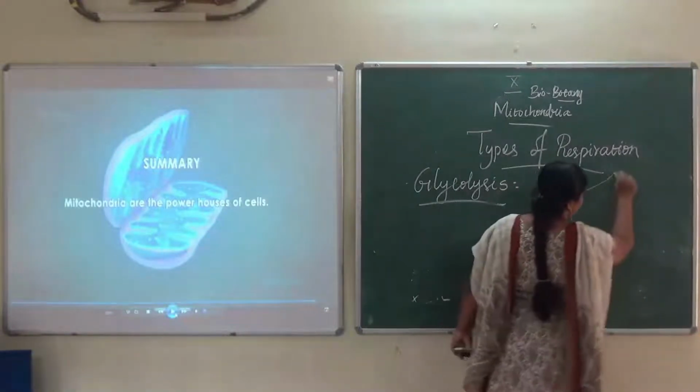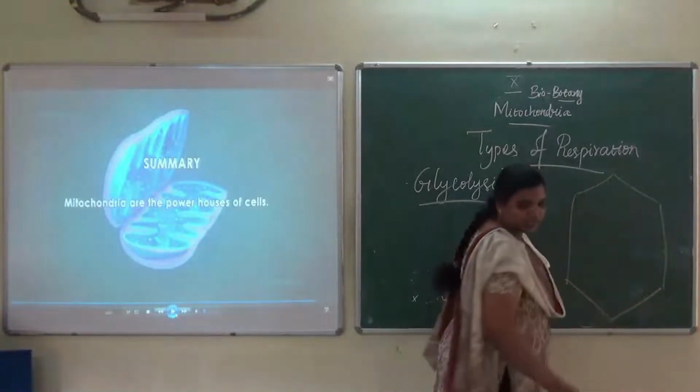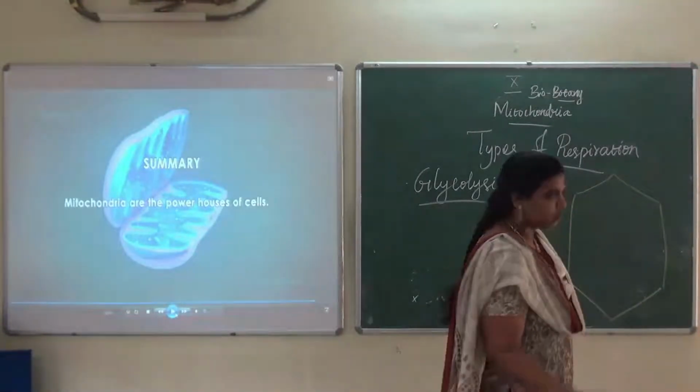Imagine this is a plant cell that has mitochondria.